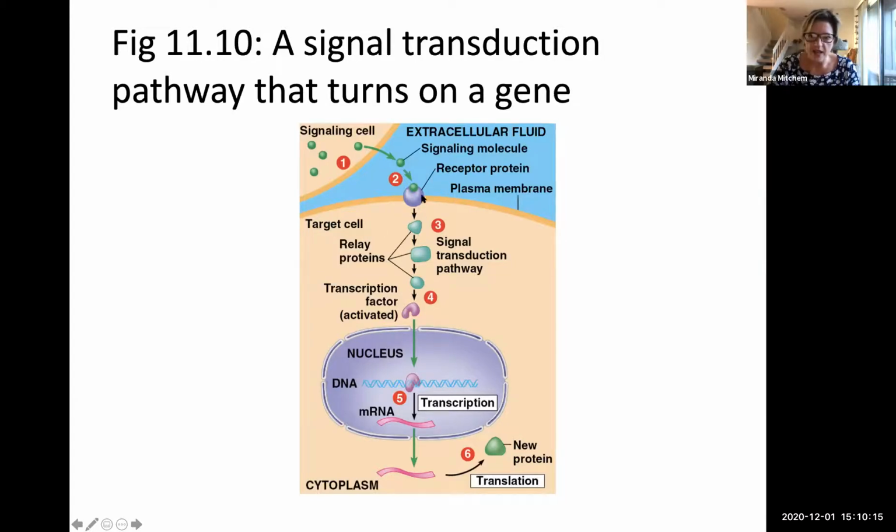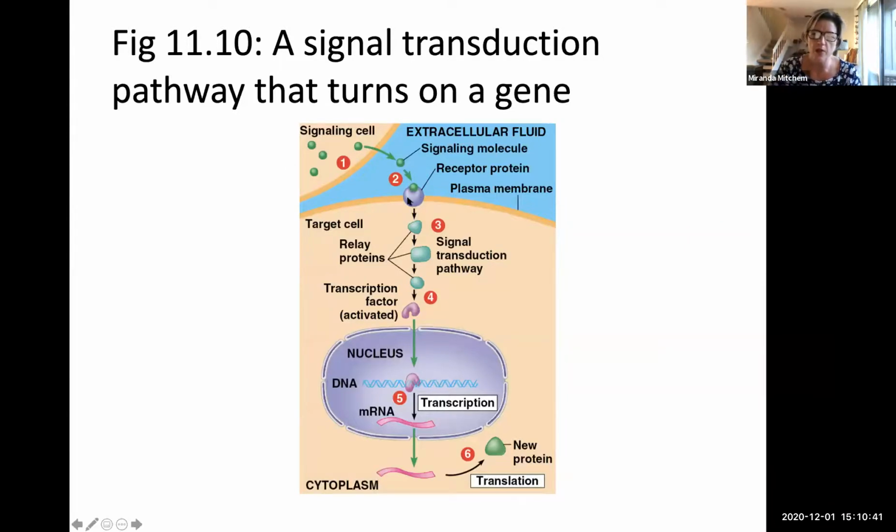The target cell has a receptor protein on its cell surface. The signaling cell produces the signaling molecule, which binds to its specific matched receptor. These are protein-protein interactions most of the time. So that means that there is going to be specificity based on the correct structural fit.